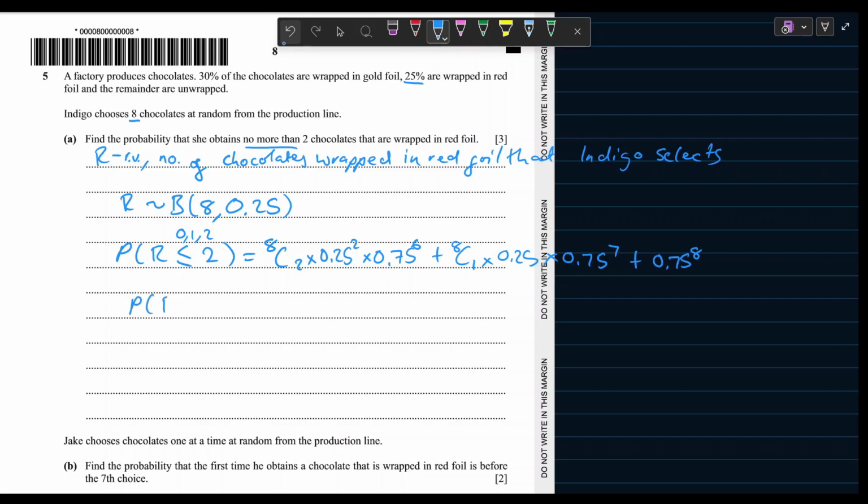Okay, so the probability that R is less than or equal to 2 is equal to this, and this gives us 0.679. And that is our final answer.